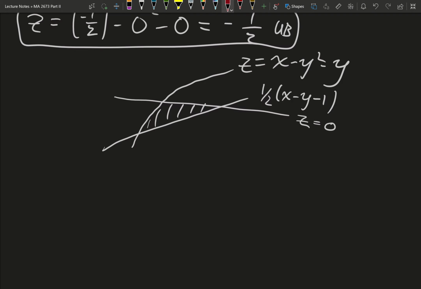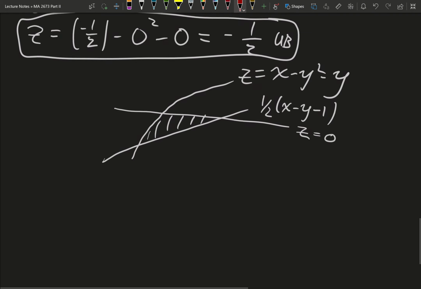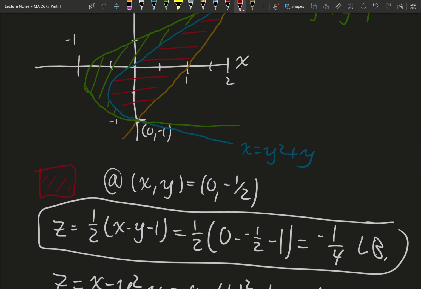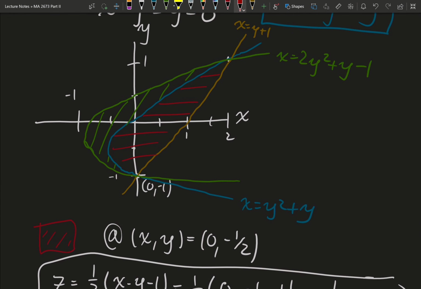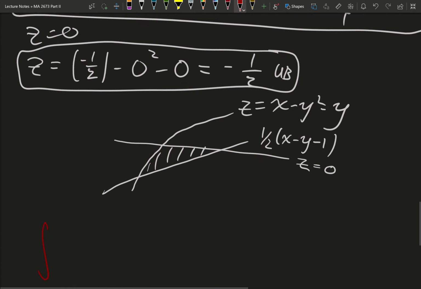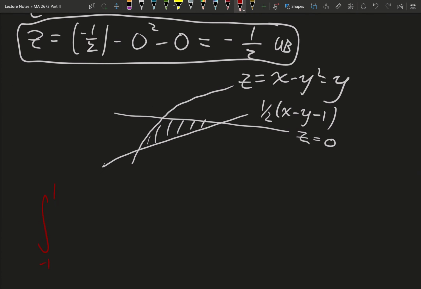So now we are ready to set up our equation. So let's do the red region first. In this case, our x lower bound is y squared plus y. We know in both cases our y bound should be the same. They should go from negative 1 to 1. So negative 1 to 1 for our y.